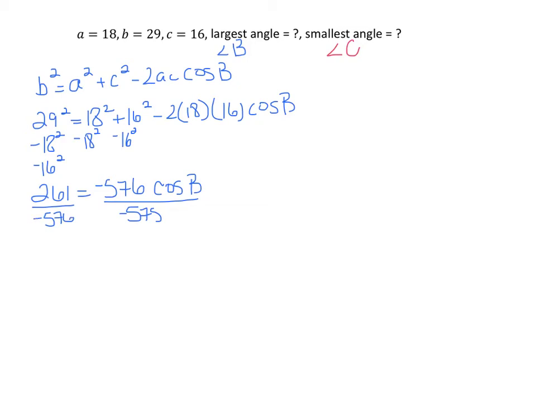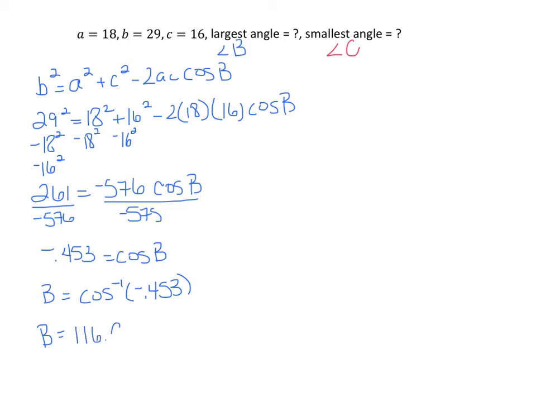That gives me a negative 0.453 is equal to the cosine of b. Now it's a matter of untrigging, so to get b, I will take the inverse cosine of negative 0.453. This tells me that angle B is 116.944 degrees.